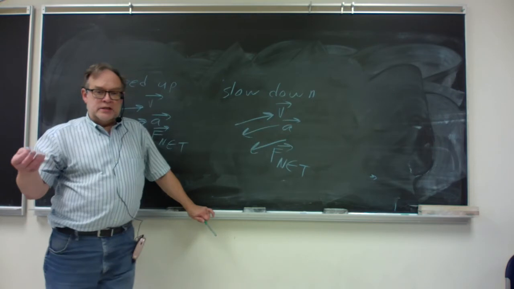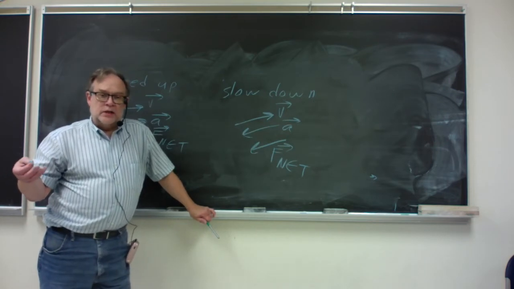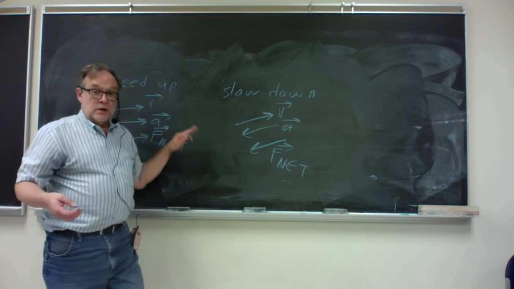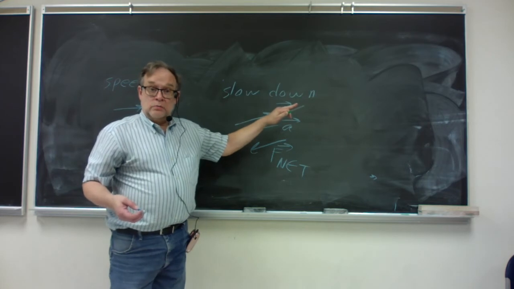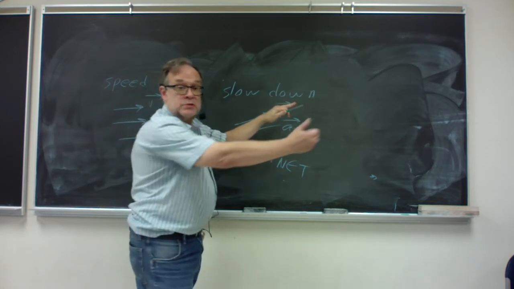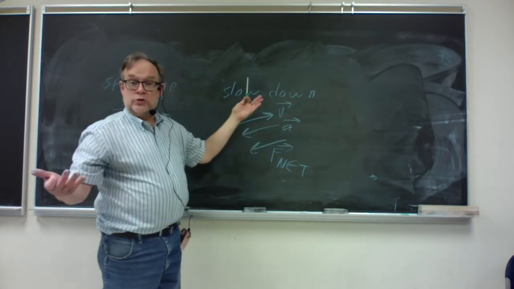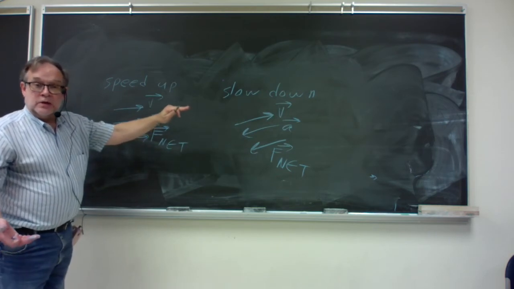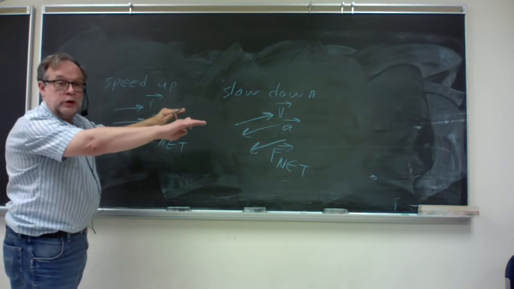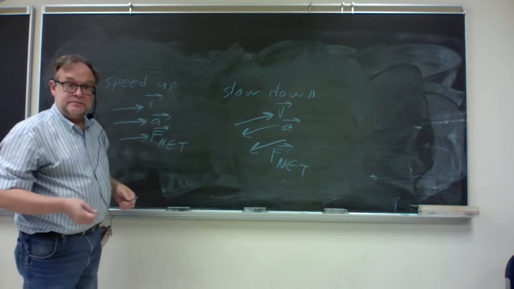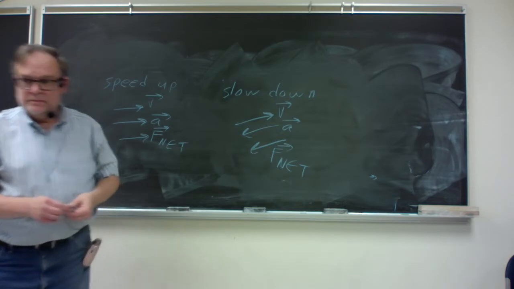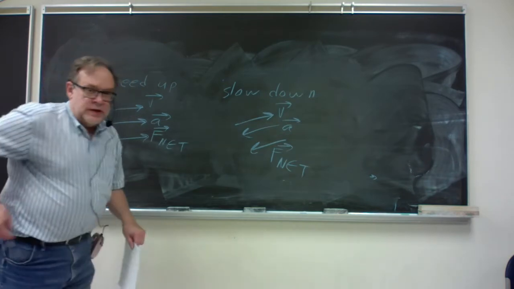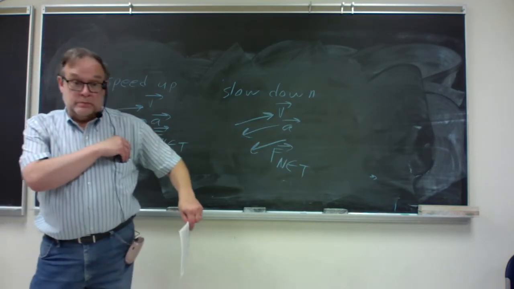So you could just as easily say, when something is slowing down, velocity and net force point in opposite directions, which makes sense. If you're moving in one direction and slowing down, it must be because there's something pushing or pulling backwards on you. And if you're speeding up while you move this way, it must be because there is something pushing or pulling you in the forward direction. So that's the important vector and direction part of Newton's second law.